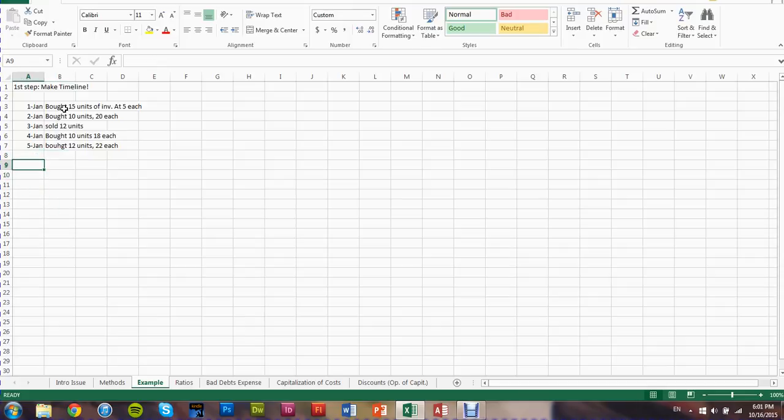So first, let's say we wanted to do perpetual. Now, I'm going to cut out the specific identification because, again, that's the easiest one. You're normally not asked a question when it comes to specific identification, and it's extremely rare. So I'm just going to go over the other three, the weighted average, LIFO, and FIFO.